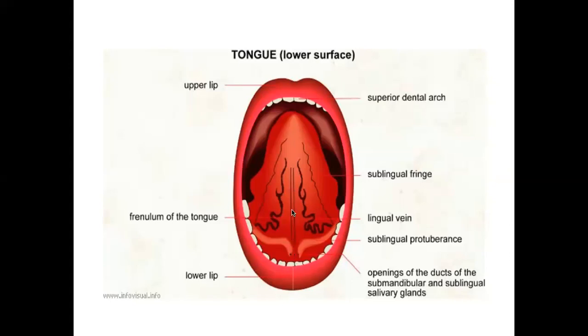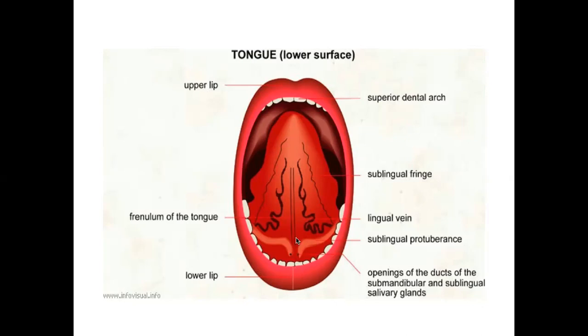In some individuals the frenulum can be thick and short, giving rise to stuttering of the language or voice. So whenever we see people with stuttering of voice, one of the reasons can be a short and thick frenulum of the tongue. So what is a frenulum of the tongue? It is a mucosal fold extending from the ventral surface of the tongue to the floor of the oral cavity.